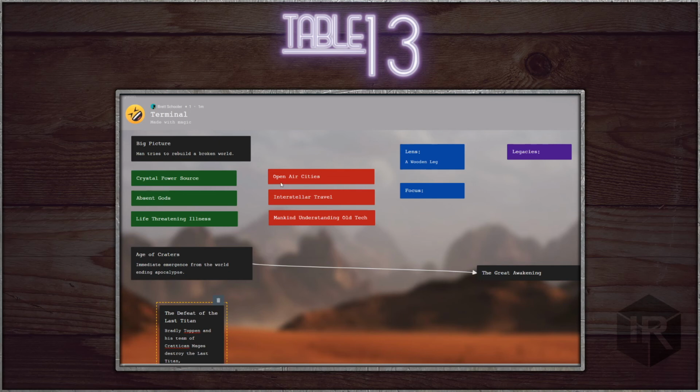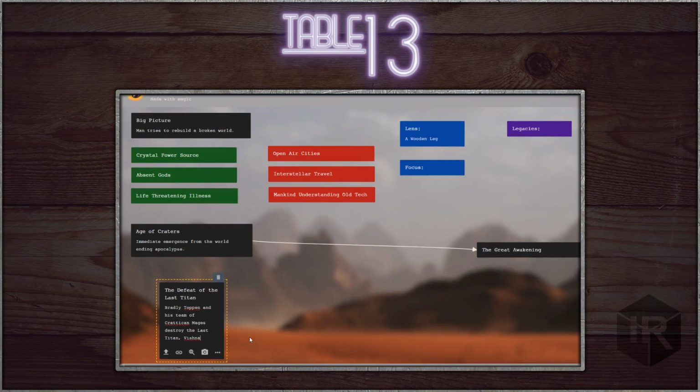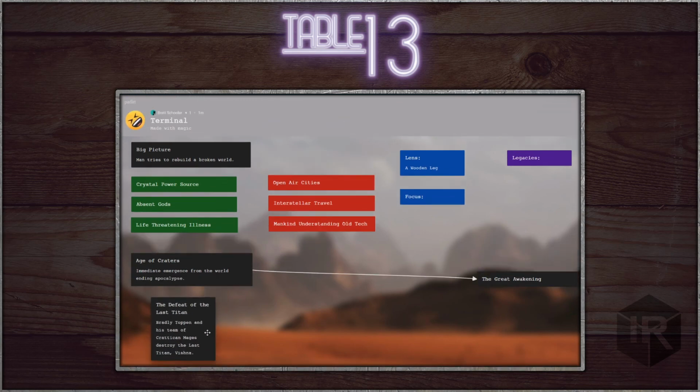So what he's doing, it looks like he's making an event that happened within the Age of Craters. With an event, you'll put down the headline of this event, and then describe it, and you'll talk more amongst each other about what you're doing.